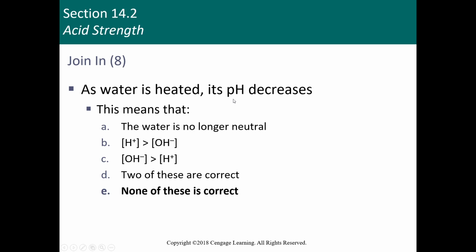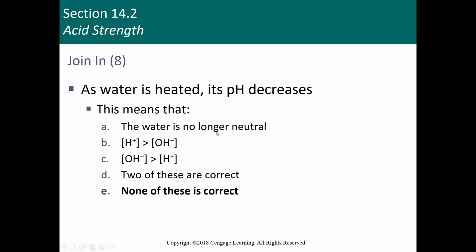So neutral, on the other hand, is the concentration of H plus equals the concentration of OH minus. These aren't actually related directly. You may be used to the fact that at 25 degrees Celsius, pH 7 would be the pH of a neutral solution. That's what a lot of people get used to, and they get a little tripped up on this.